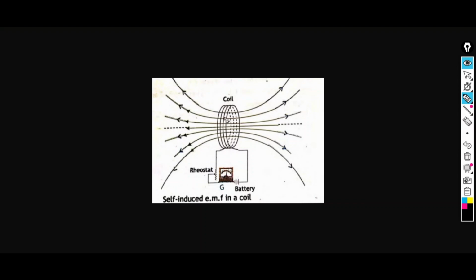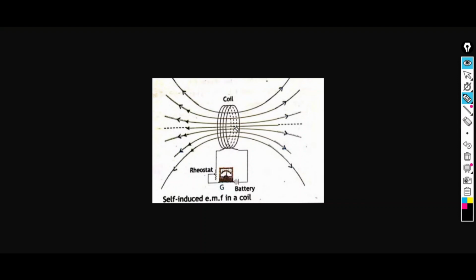Okay, this is called self-induced because that change in magnetic flux is produced by this same coil, and that change in magnetic flux again produces the EMF in the same coil. So that induced EMF due to change in this magnetic flux is called the self-induced EMF.